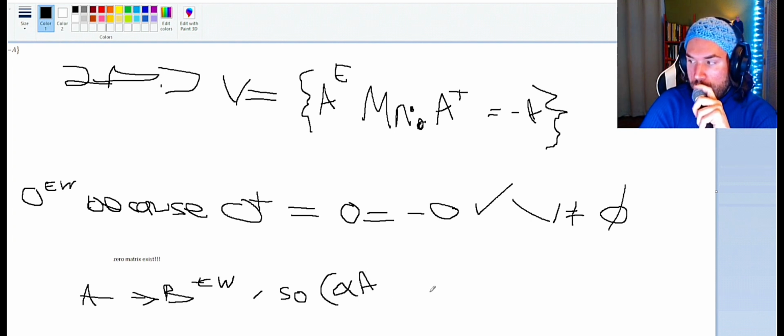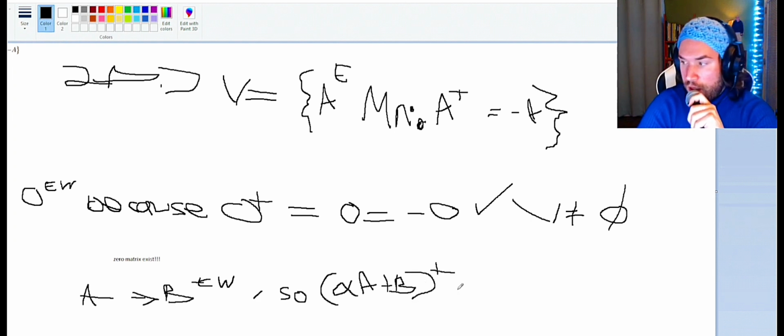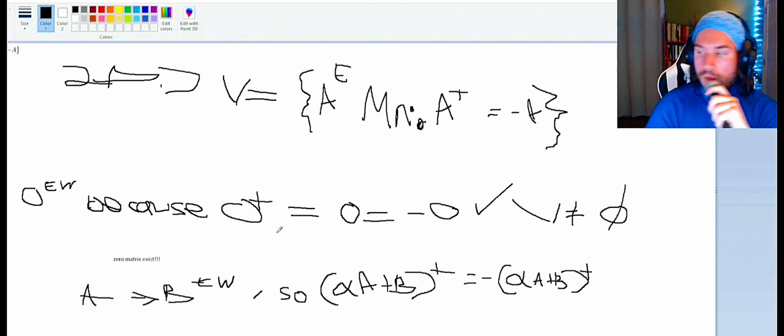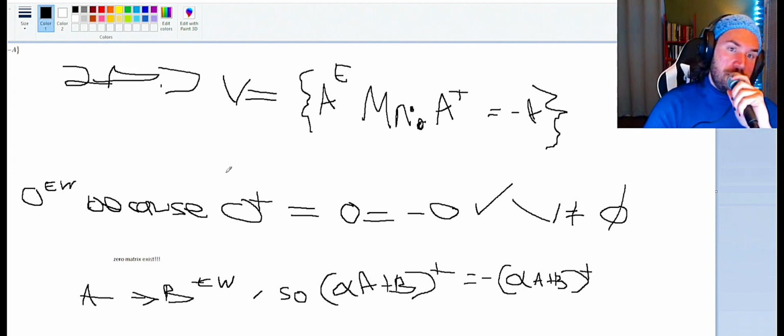(A plus B) to the power of T equals negative (A plus B). So that's just for 2A.